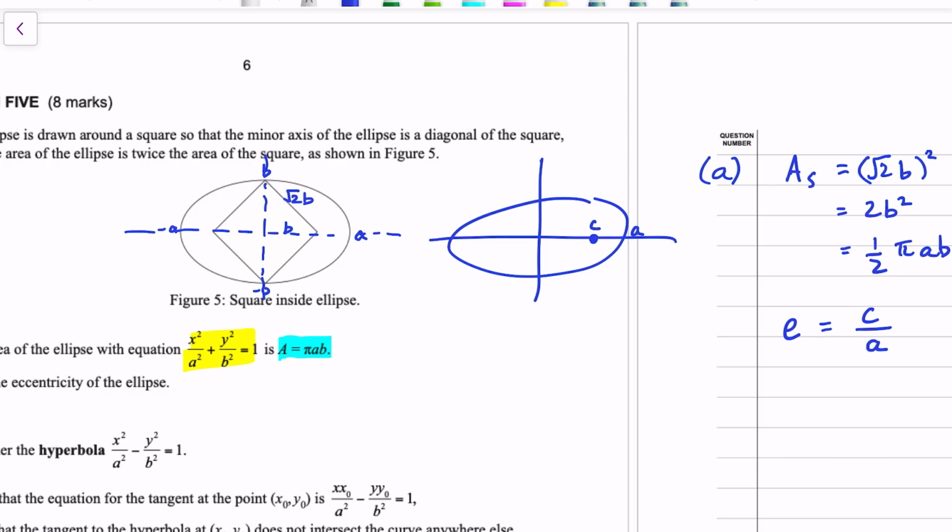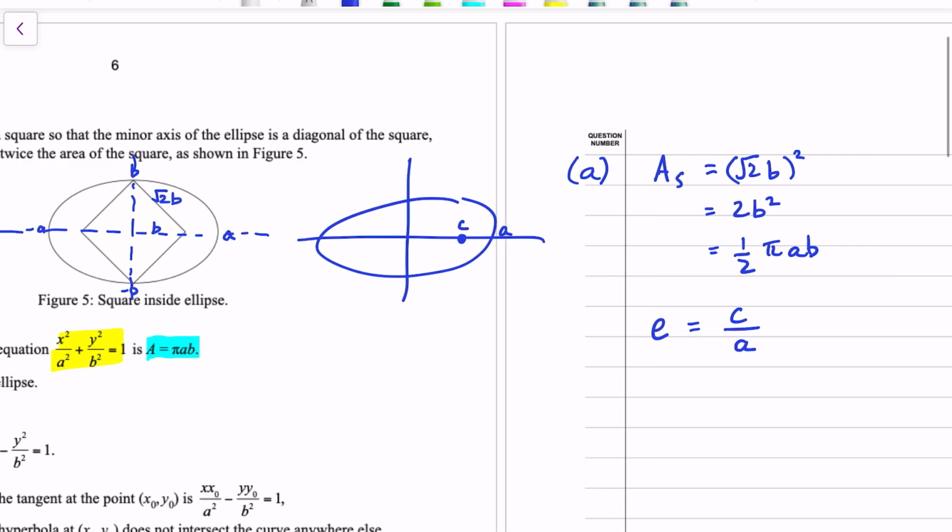And so if C is really, really close to A, then it will be quite a narrow ellipse. And if C is very, very far away from A, closer to the center, you basically get a circle. When C is equal to 0 right in the middle, you get a circle, and the eccentricity would be 0 in that case. Okay, so C over A is the ratio that we want. That's on the formula sheet, if you weren't sure.